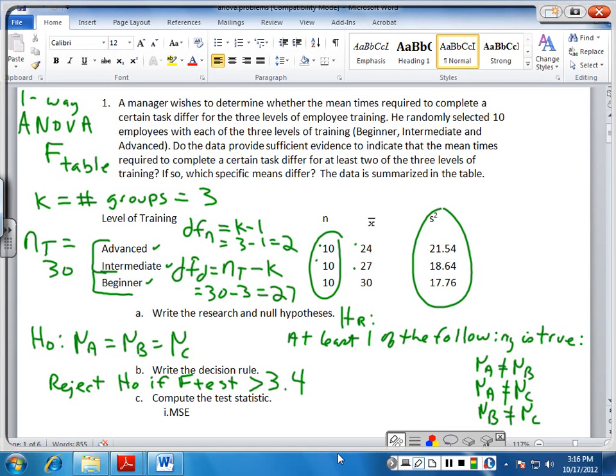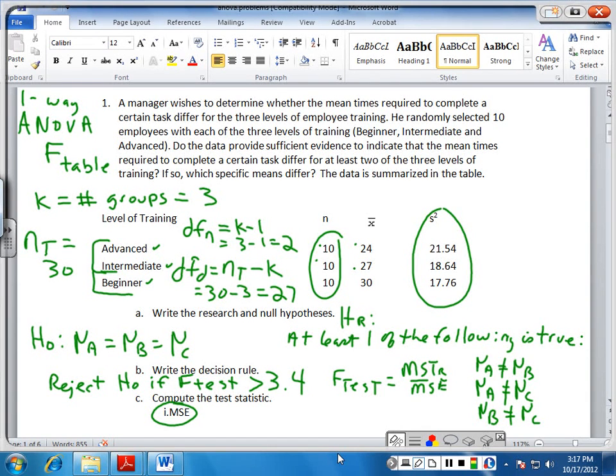I'm going to go ahead and compute MSE right now. Well, before I compute MSE, what we're really going to do is compute F test, and that's going to be mean square treatment divided by mean square error. The treatment is sort of the difference between means.